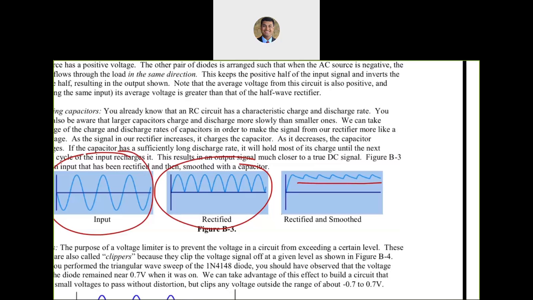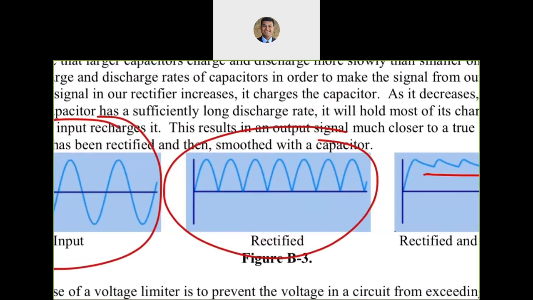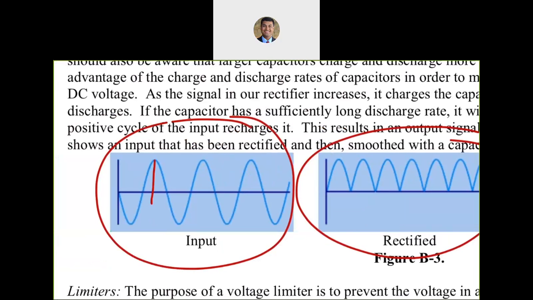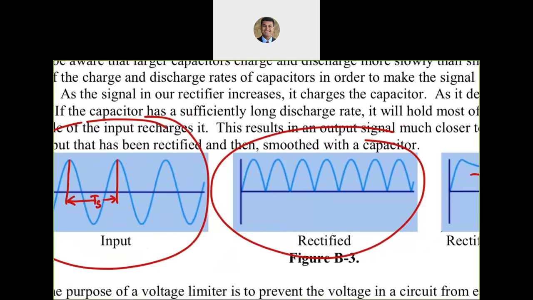And we talked about the time period between those peaks before, right? So we said the time period between this guy and this guy, if that is Ts, in our half wave rectifier, that was the same time period, because we were observing those two peaks. Then the negative one was getting eliminated. Now clearly we are using both of them, so this is going to be half.